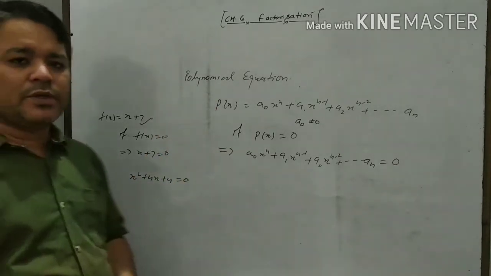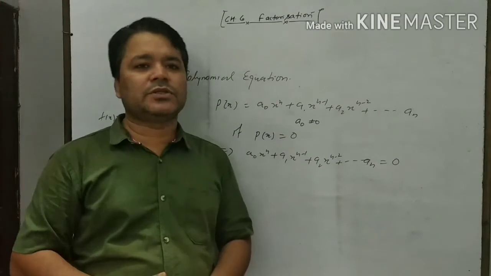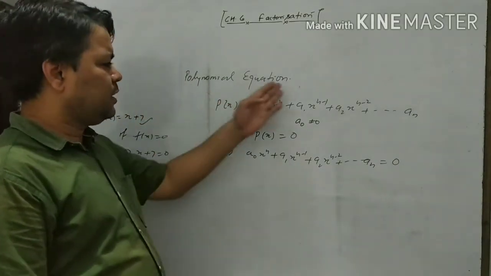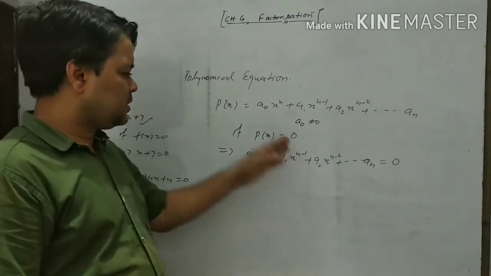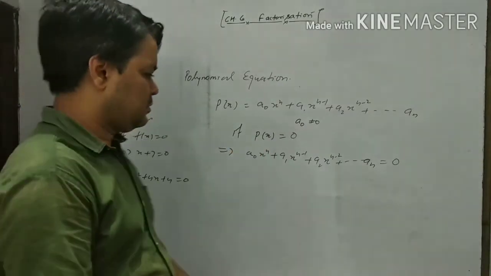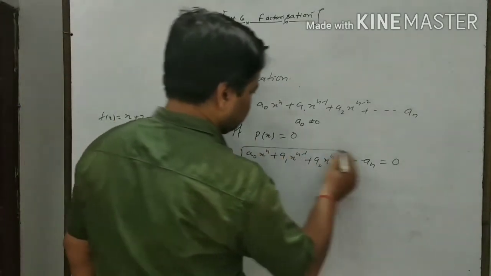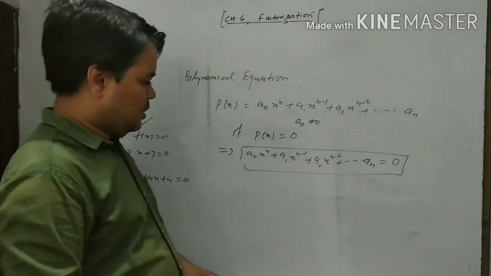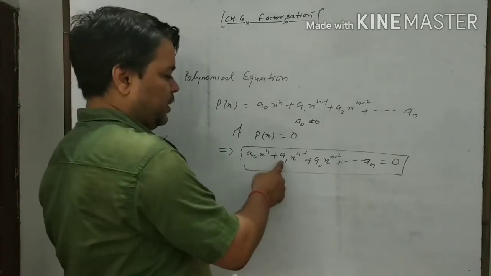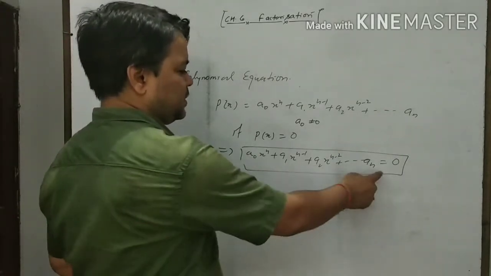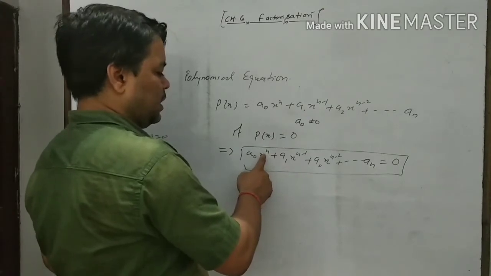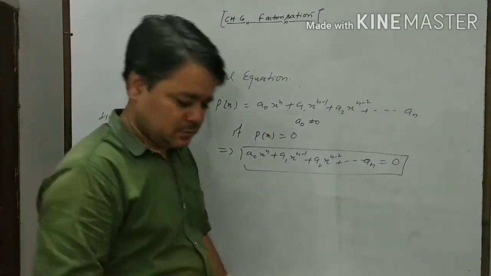So linear polynomial equation, quadratic polynomial equation and cubic polynomial equation are similarly represented this way. This is the polynomial equation, where a0, a1, a2, an are the constant terms, and here x is the variable.